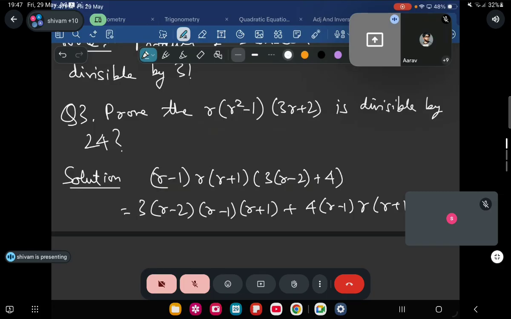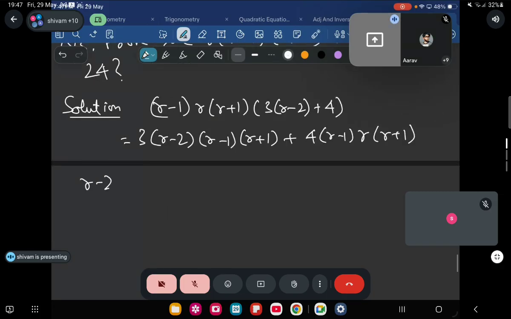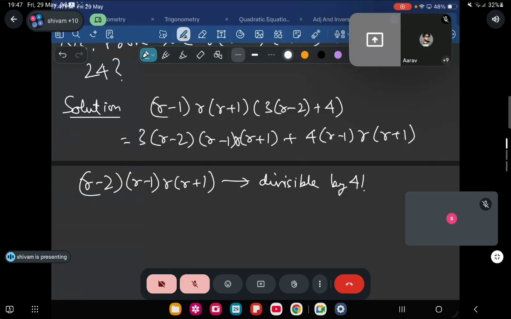Now everyone, this r minus 2 into r minus 1 into r plus 1 into r plus 1, can I say it is divisible by 4 factorial? Tell me everyone. This is divisible by 4 factorial, and 4 factorial into 3. I mean, this whole thing is divisible by 24.